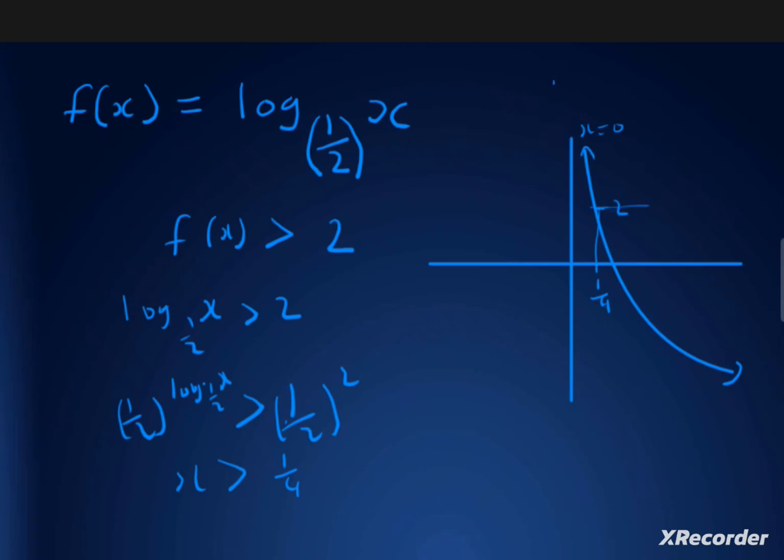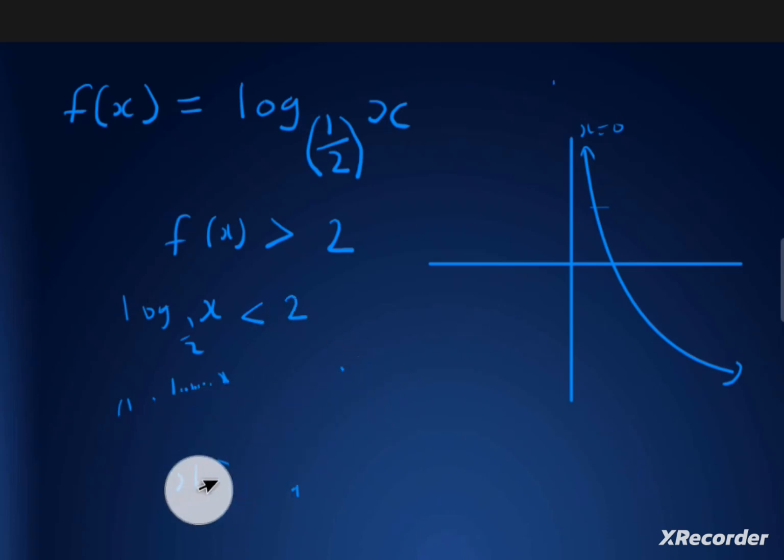So how do we fix this problem? Well, the nice thing is that whenever you see that it's a proper fraction, if they ask you for this question, you can as a matter of fact switch the sign of the inequality. You can change the sign of the inequality from the beginning.